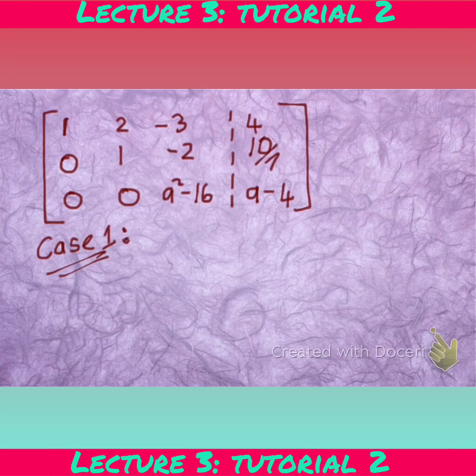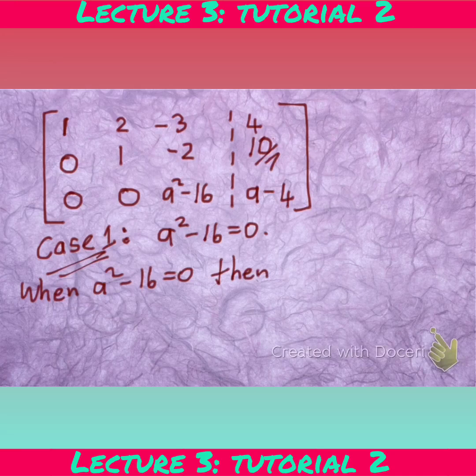Now one has to fiddle around a bit. Let's look at the case where a squared minus 16 is 0. When a squared minus 16 is 0, then a minus 4 times a plus 4 is equal to 0.